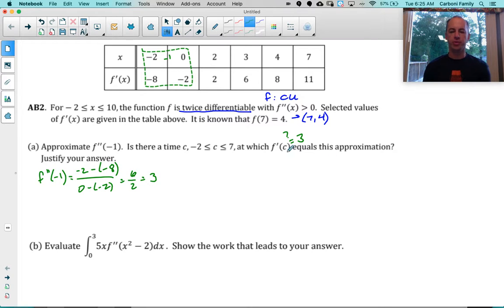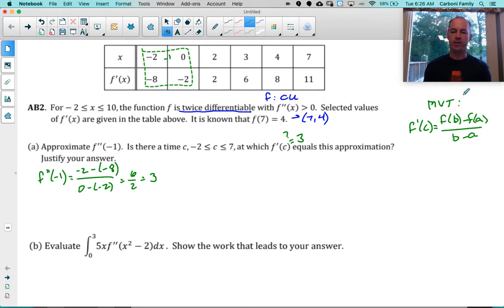And usually, if I see a question that says, does f prime of c equal 3, I think about the mean value theorem, because the mean value theorem says that if a function is differentiable, which this one is, this is twice differentiable, then there must be a point where the derivative at a point is equal to f of b minus f of a over b minus a. That's typically my first thought.